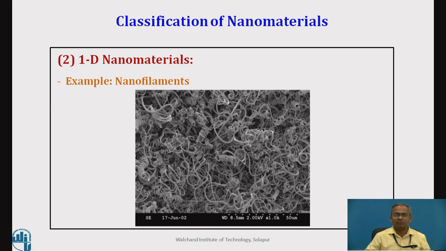Another example of 1D nanomaterials is nanofilaments. Nanofilaments are 1D nanomaterials with diameters of several tens of nanometers and maximum lengths approaching the millimeter scale. This is a scanning force microscopy image of one-dimensional silicon nanofilaments.